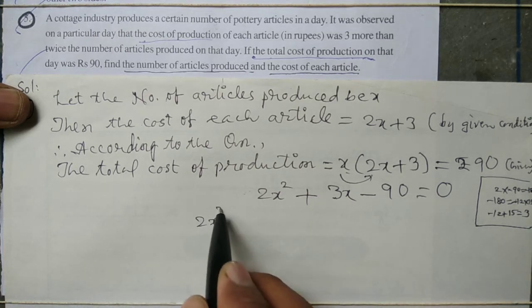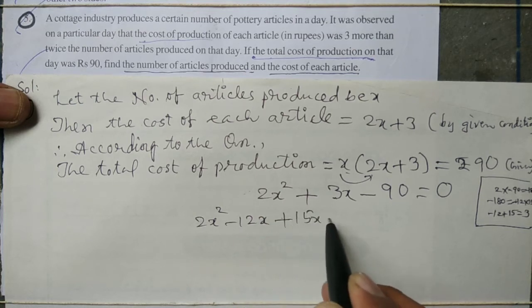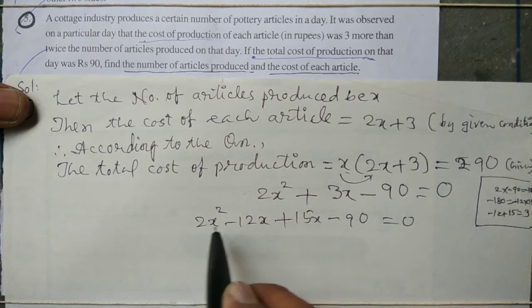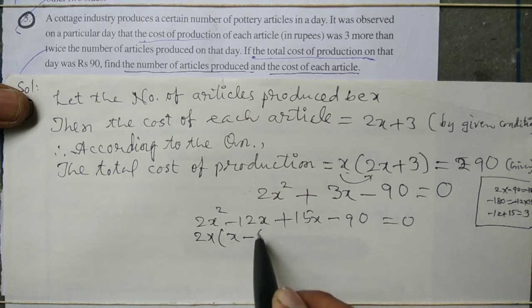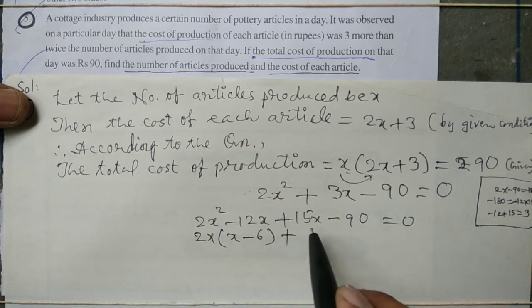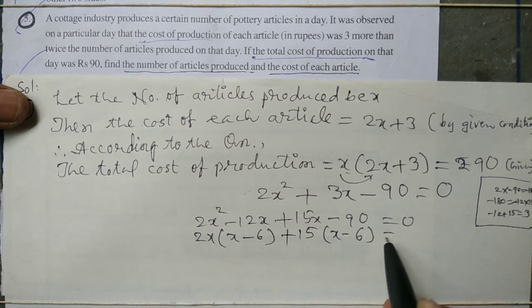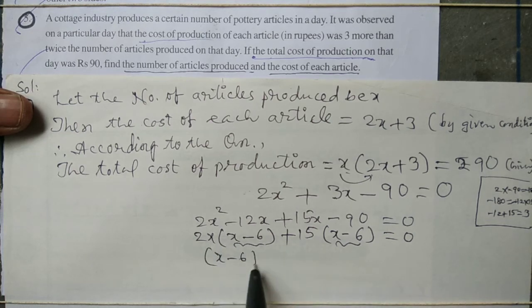Therefore 2x square minus 12x plus 15x minus 90 is equal to 0. 2x is common, x minus 6. Here 15 is common, 15 into 6 are 90, so x minus 6 is common, 2x plus 15 is equal to 0.